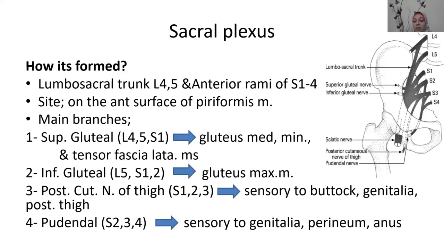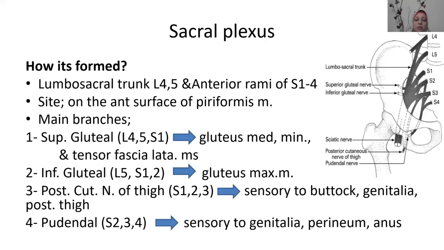Then the sacral plexus. It's formed from the anterior primary rami of roots S1 to S4, with a contribution of a lumbosacral trunk derived from L4 and 5.